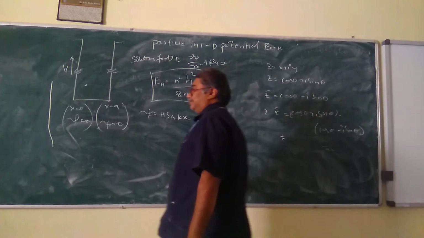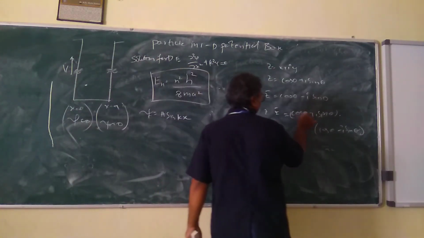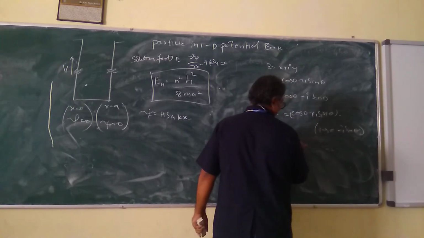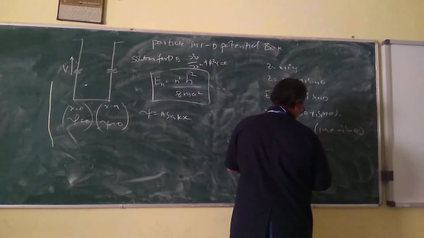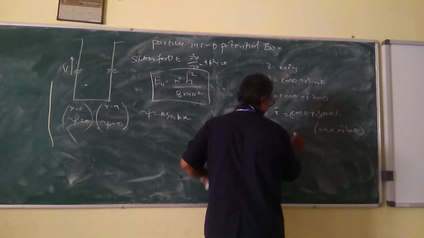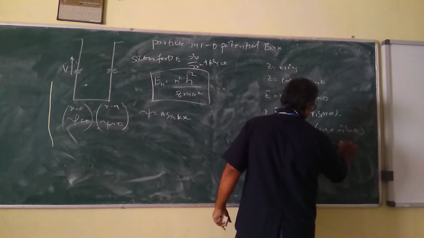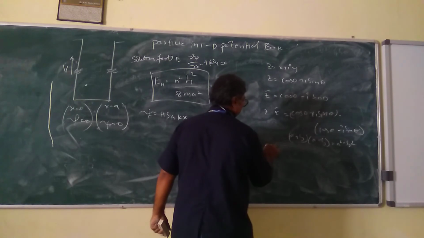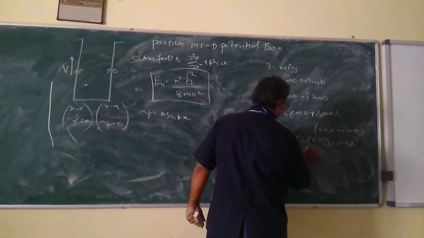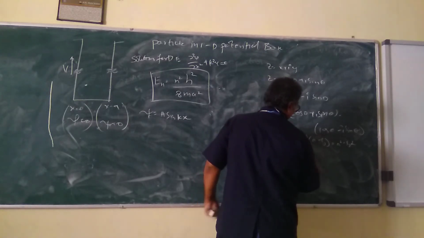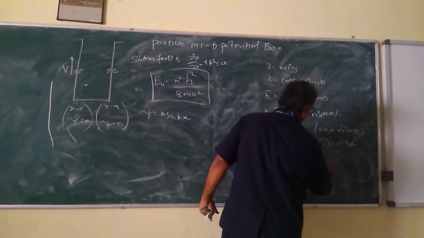So what are we able to get? We are able to get a plus b into a minus b. Applying this formula, a plus b into a minus b is always a square minus b square. So this can be written as z dot z bar equals cos square theta minus i square sin square theta.